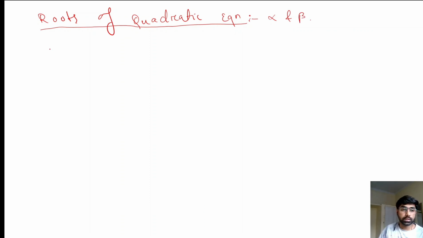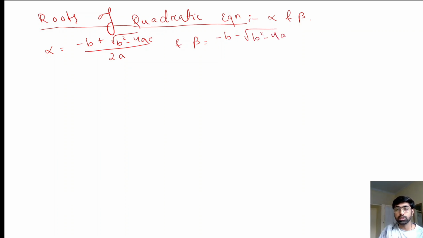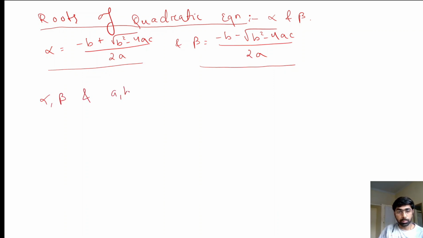From the formula we can see that alpha can be written as minus b plus root over of b square minus 4ac upon 2a, and beta equals minus b minus root over of b square minus 4ac upon 2a. By using this, we can have the relation between alpha and beta and a, b and c.